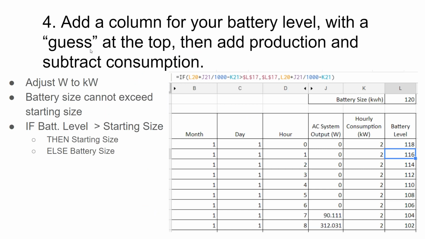And so what we did is we added a column for the battery level, guessed the battery level, explored the minimum battery level, and then made some adjustments to our model until we honed in on the right size.